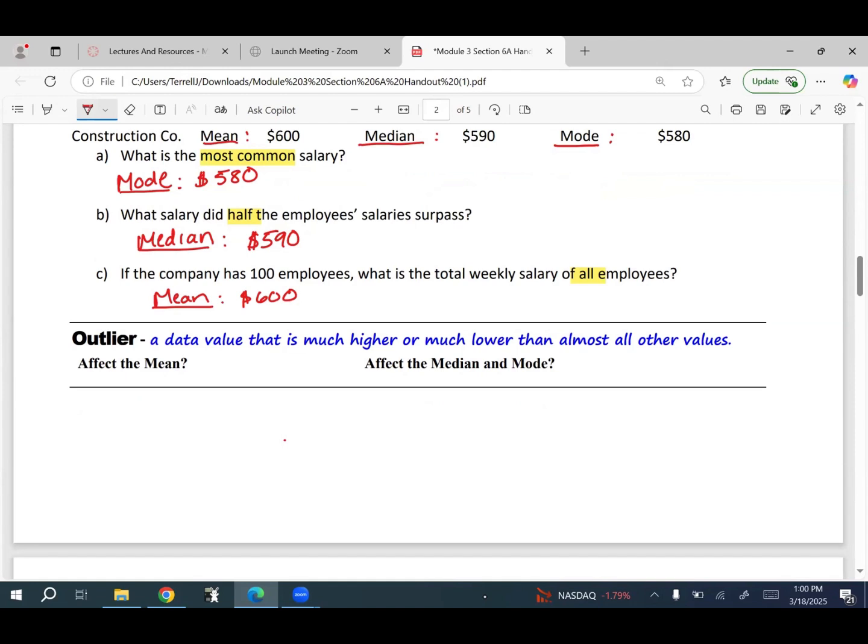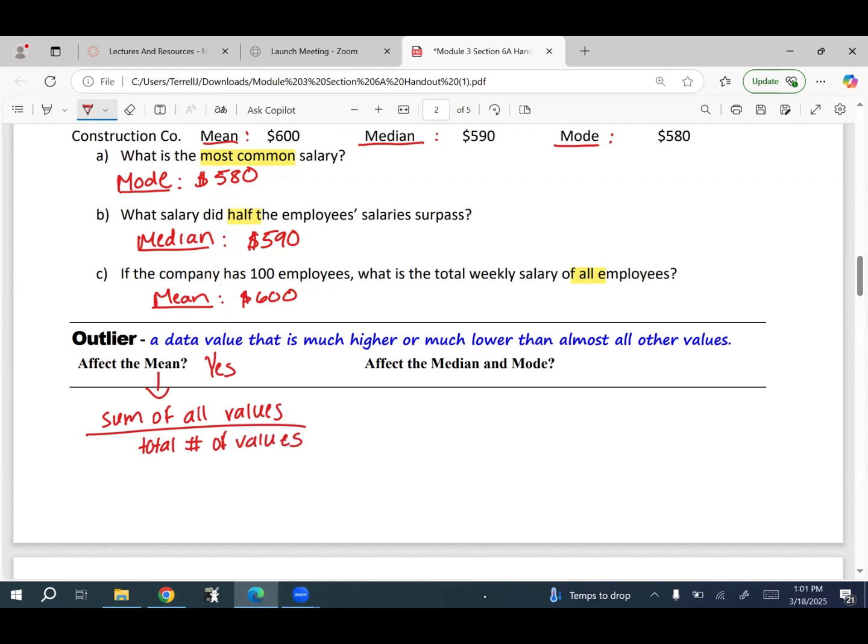Outliers are extremely high or low values, right? And so it says, do outliers affect the mean? The answer to that is yes, because remember the formula to mean. The mean is the sum of all values divided by the total number of values.